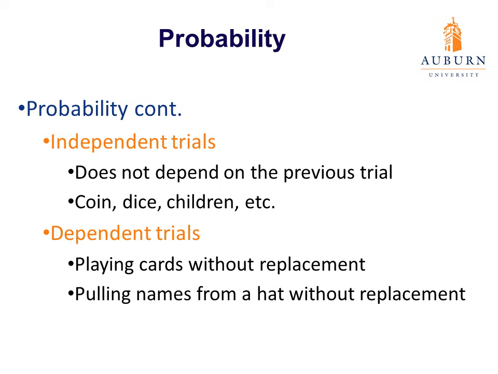But I didn't pull out Sarah's name, and so I don't put Matt's back in. I just discard Matt's name, and then I reach back into the hat and I pull another piece of paper out, and maybe I get Corey. So that second event, that second trial, the probability of getting Sarah's name was 1 over 9, because Sarah was still in the hat, but there were only 9 names left in the hat.